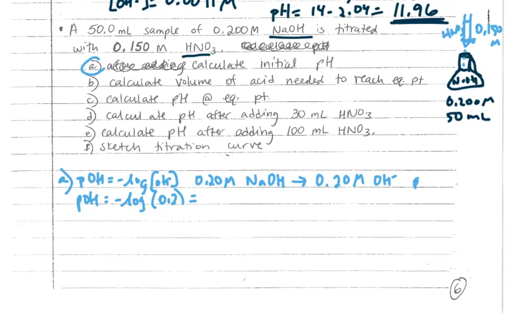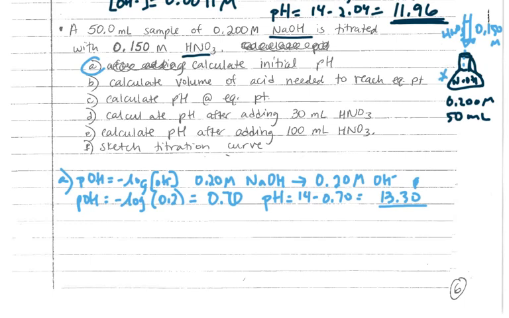The negative log of 0.2 is 0.70. So then the pH is 14 minus 0.70, which will be 13.30. So that is the pH of this initial basic solution.